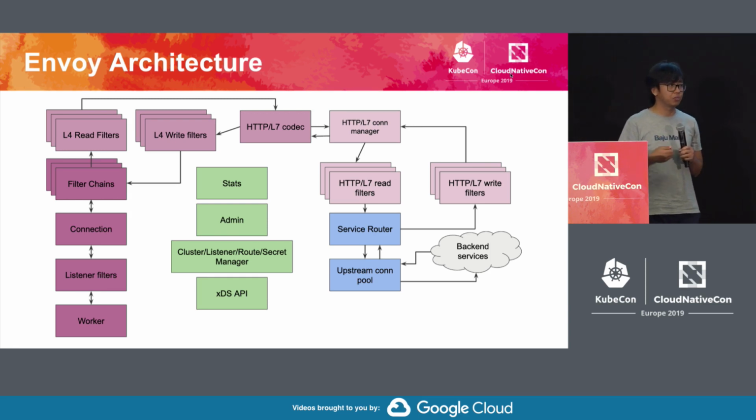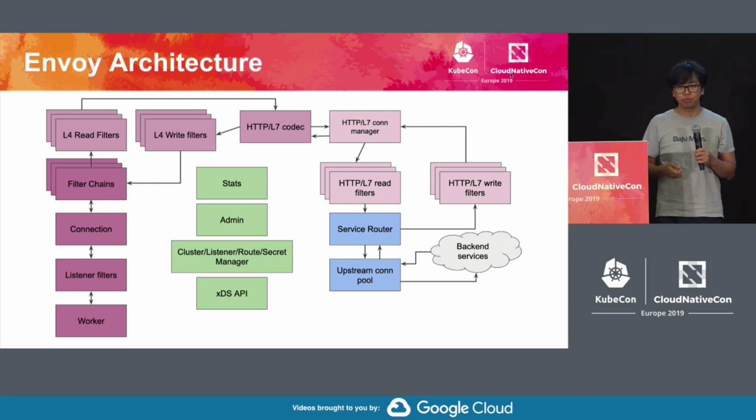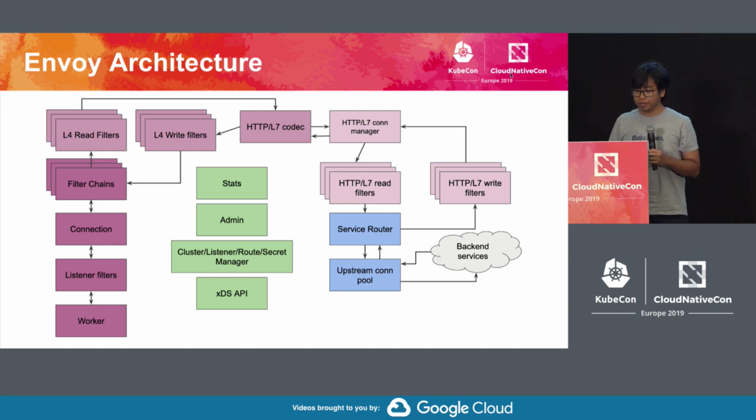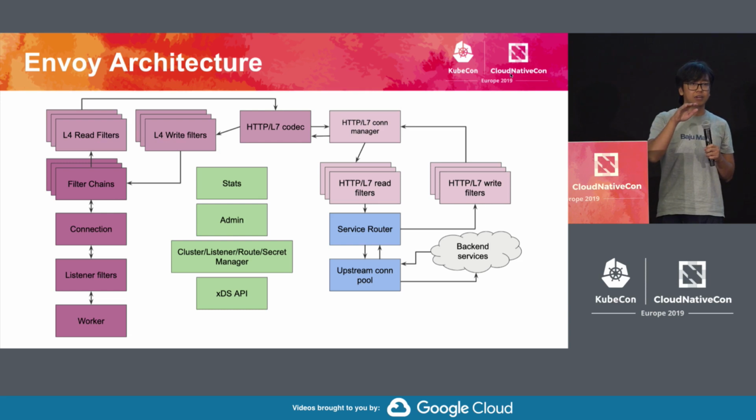Of course, you can write a write filter for any protocol you want. Inside that L7 layer, you can have another stack of filters. So that's another extension point. You can write your own L4 filters, and you can also write your own L7 filters.